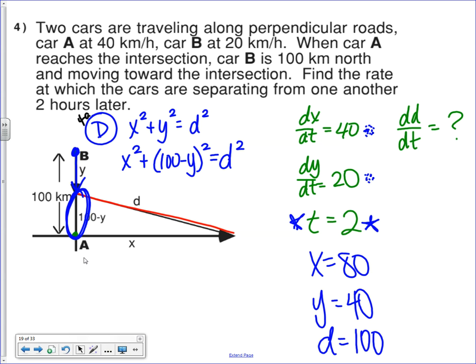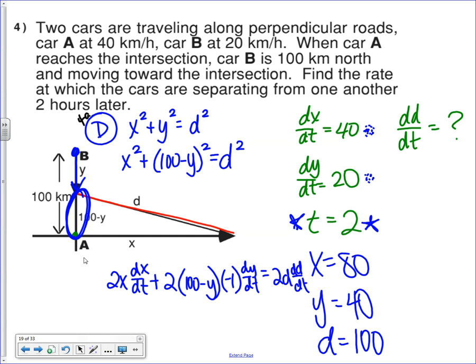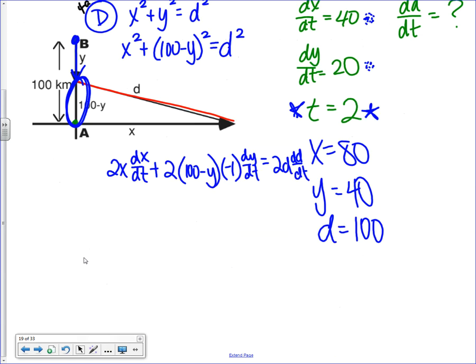Okay, so let's go ahead and derive this. I will get 2x dx/dt plus, now this is going to require a chain rule, so I suggest you break it up into your big and your small, but when you're done, you should have 2 times (100 minus y) times -1, and then dy/dt equals 2d dD/dt. I'm noticing they all have a 2, so I'm going to factor out a 2 and get rid of all those.